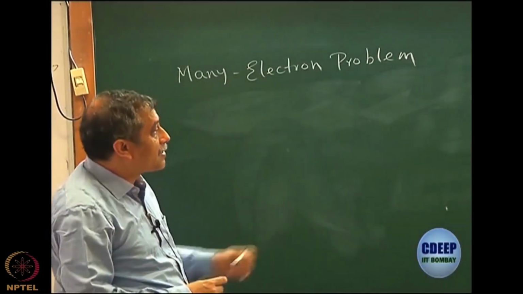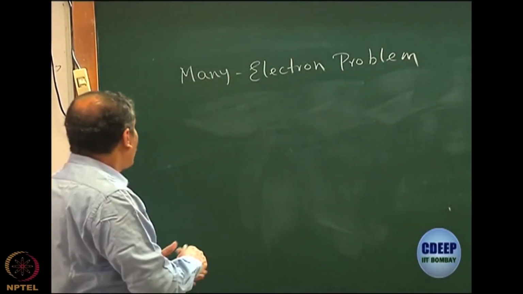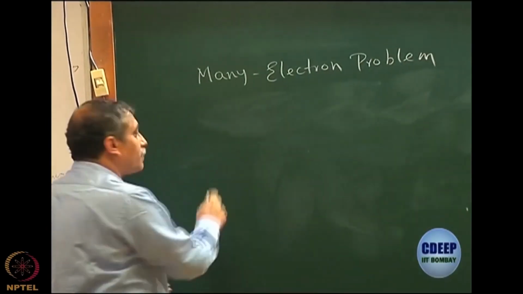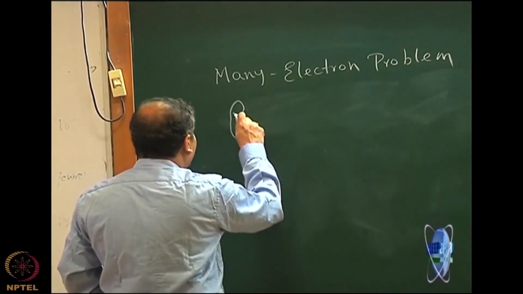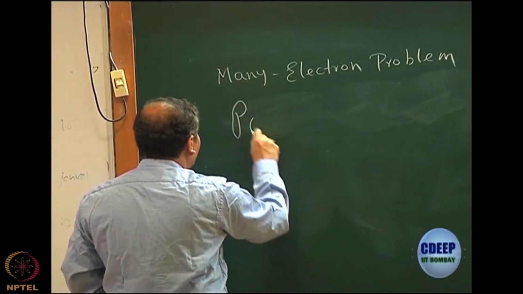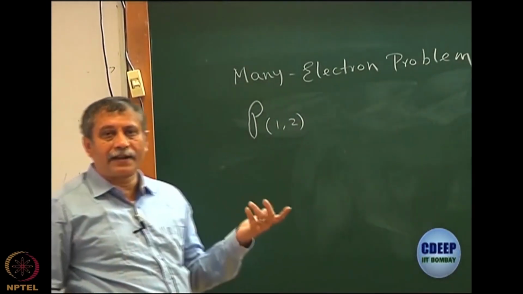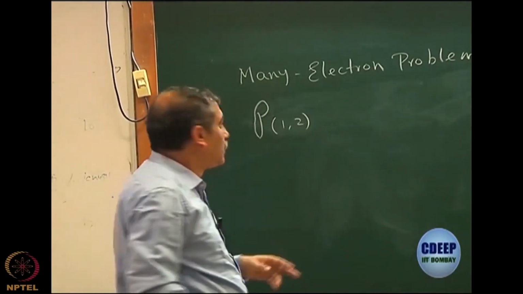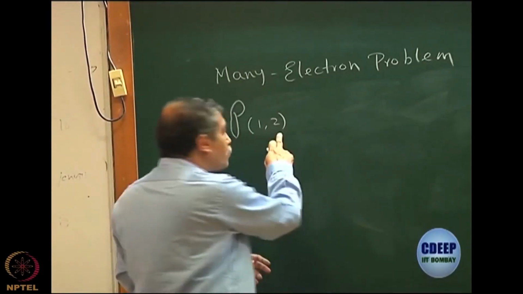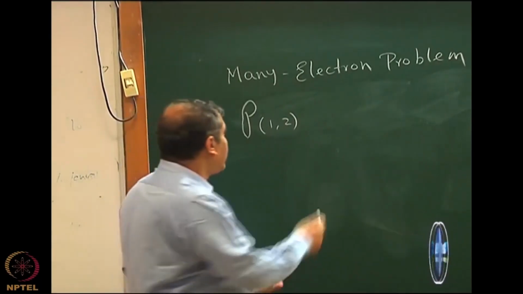So, let us try to understand the word permutation a little bit more carefully. Again I will take an example of a two particle problem. So, permutation is an operator, let us say P of 1 2. I have defined a new operator called the permutation operator. It is a two particle permutation operator P1 2, it can be P2 3, P3 4, does not matter, that depends on where it is acting.